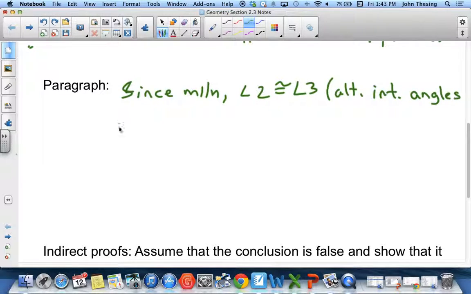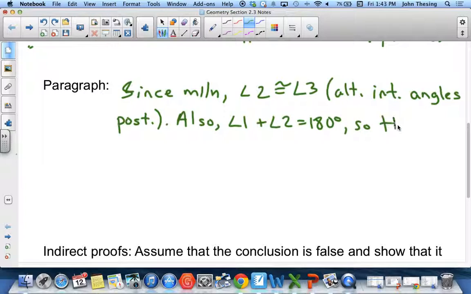Alternate interior angles postulate. Okay, so keep going. Angle 1 and angle 2 equal 180 degrees because they are supplementary. I'm going to put so they are supplementary.